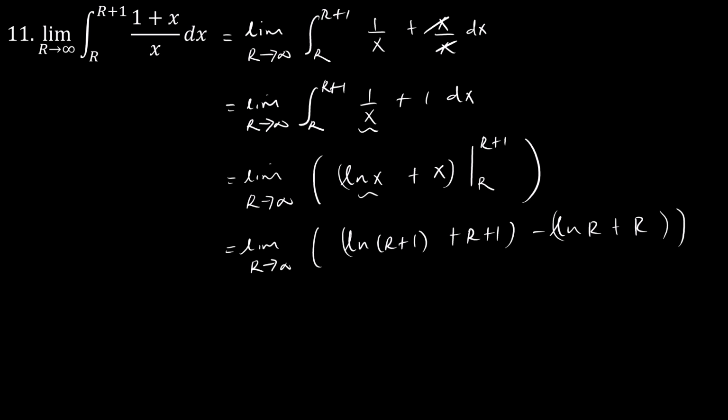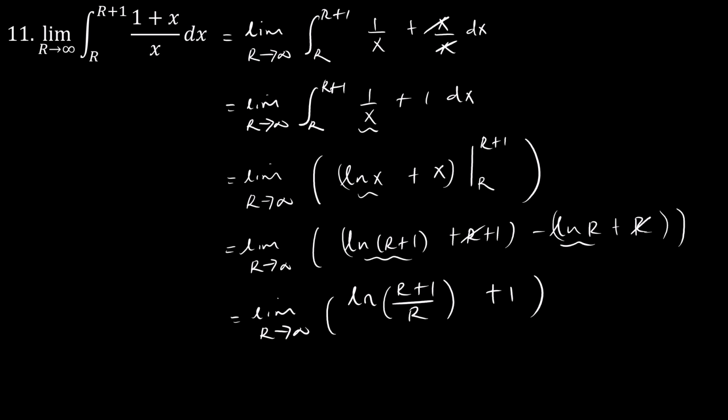You can see that this and that cancel, and then we can re-express this as natural logarithm of (r plus 1) over r, plus 1.